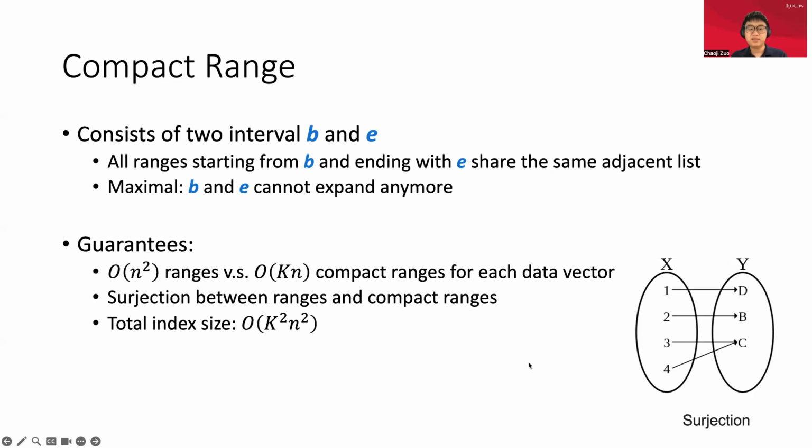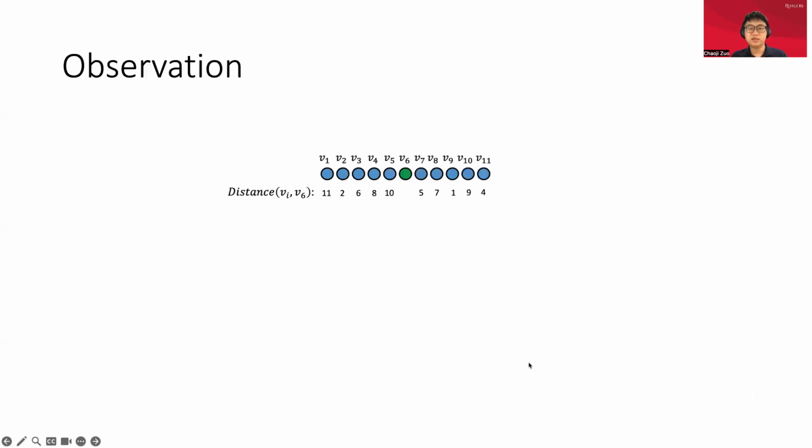Besides, we found that actually we can separate the whole vector set into a left part and a right part using the position of the indexing point. For example, here we can separate the vertices from 1 to 6 into the left part and from 7 to 11 into the right part. And we can record the two nearest neighbors in the left side and also in the right side.